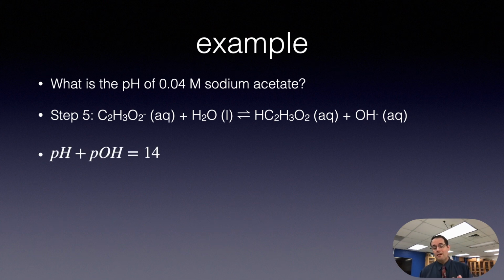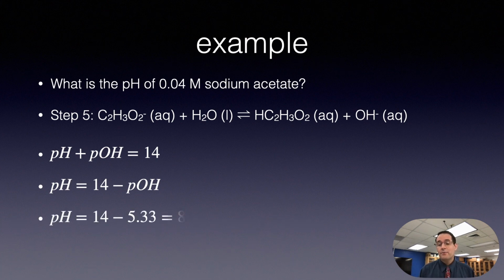And we use this awesome relationship here. pH plus pOH is equal to 14. That comes from the auto-ionization of water. And so what you want to do is now solve for pH, right? pH is 14 minus the pOH. And we just previously calculated the pOH, which was 5.33. So 14 minus 5.33 is 8.67, okay?